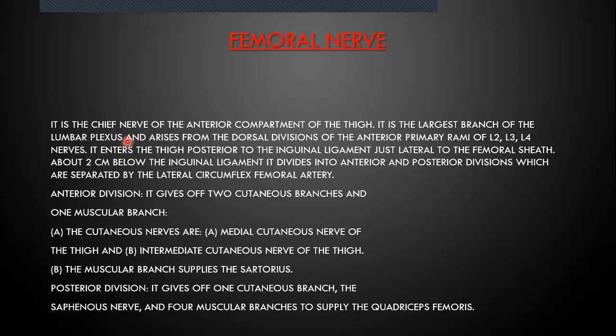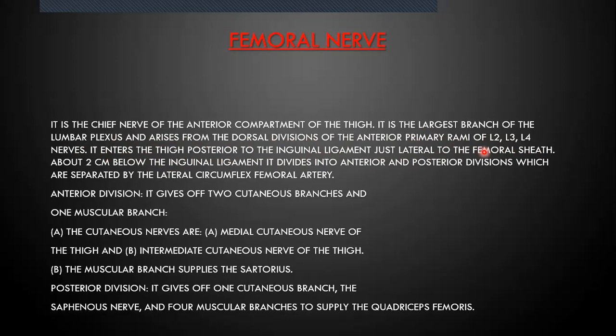It is the largest branch of the lumbar plexus and arises from the dorsal divisions of the anterior primary rami of L2, L3, L4 nerves. Then it enters the thigh posterior to the inguinal ligament, lying lateral to the femoral sheath. So the femoral nerve is not a content of the femoral sheath. Only the femoral vessels and the femoral branch of the genitofemoral nerve are contents of the femoral sheath.